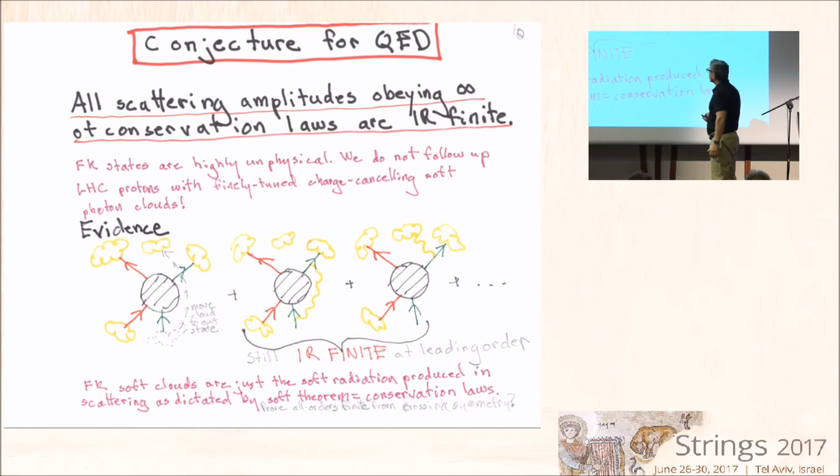And you can check that at leading order, I haven't done a careful analysis to all loops, that this cancellation still occurs when you move this cloud from the in state to the out state. And that is, this exchange diagram is canceled, the infrared divergence is canceled by the exchange between this outgoing positron and the cloud that was once there but now has been moved up to there.